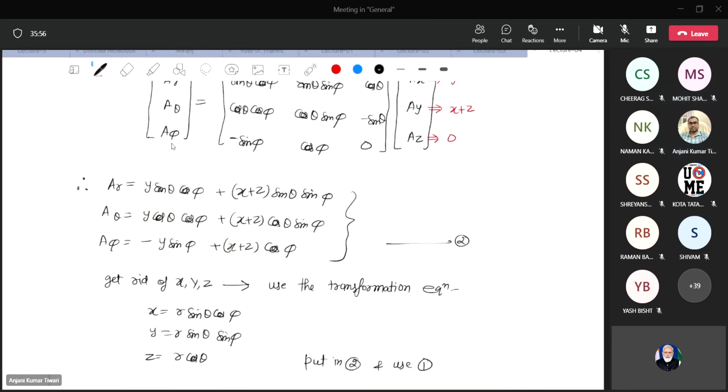Let me write it down. Vector A in the spherical polar coordinate.